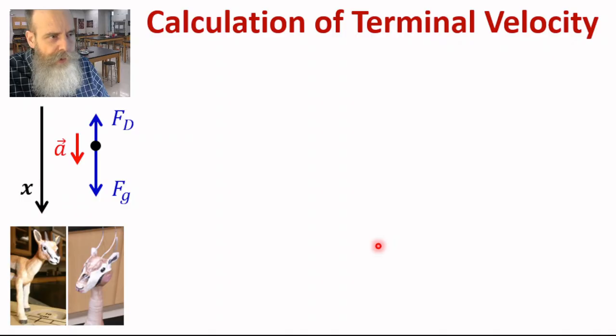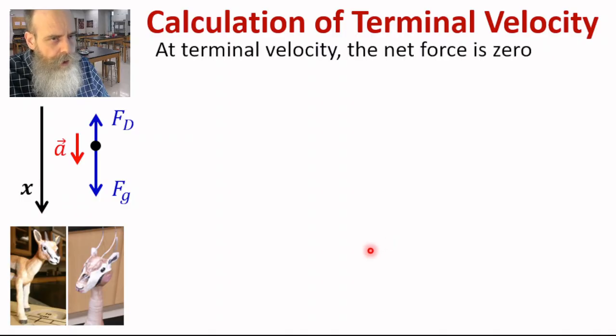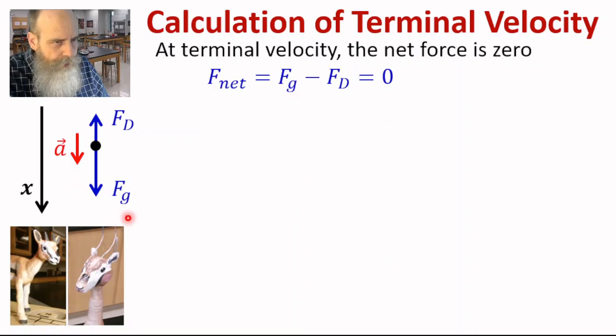Let's calculate the terminal velocity. At terminal velocity, the net force is 0. So here's the net force. Fg minus Fd equals 0, and we're using this free-body diagram. So Fd equals Fg when it is at terminal velocity.